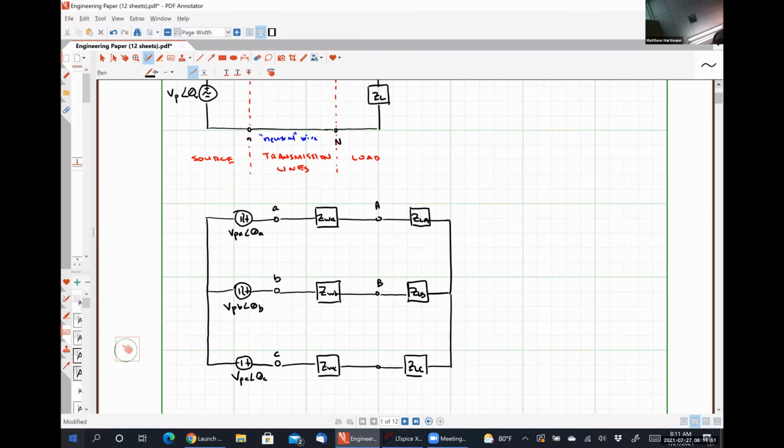And I'm going to label a couple of things here like I did on the last one. So this line would be the A phase line or wire. Then we have our B phase line and our C phase line.